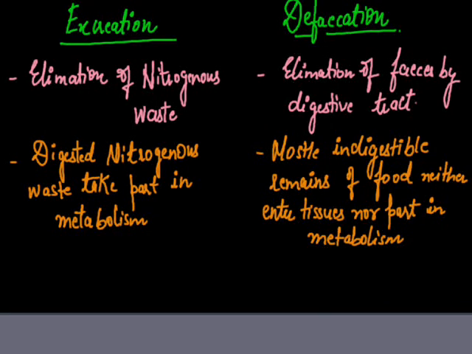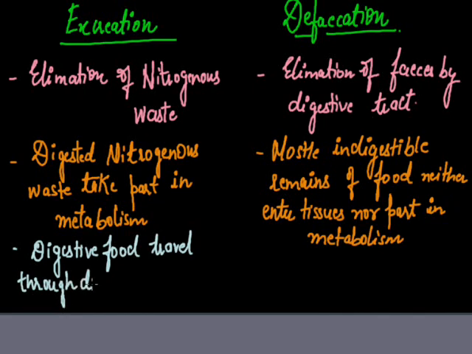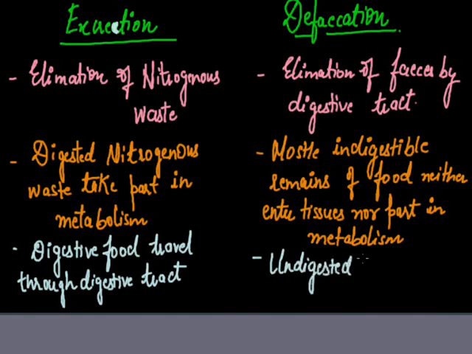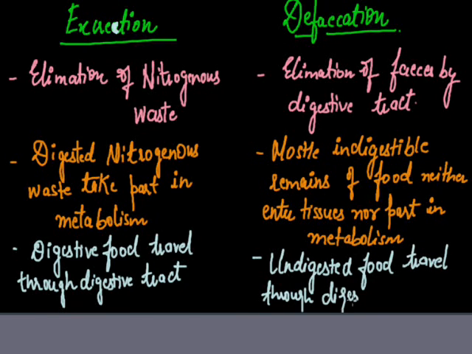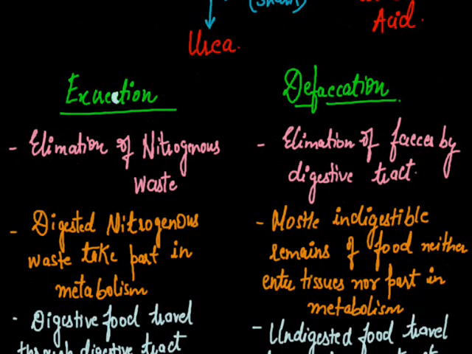And the last difference is, digestive food travels through the digestive tract and passes out through the ends, and this is called excretion, while here the undigested food travels through the digestive tract and is known as defecation, and this defecation is also known as egestion.